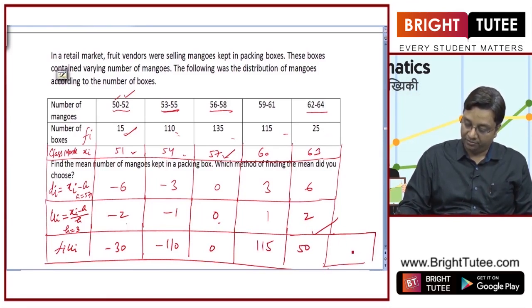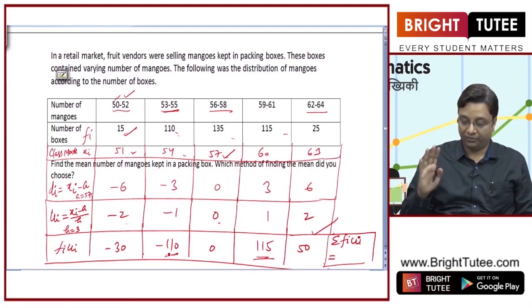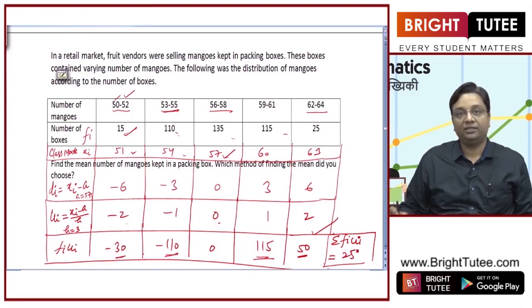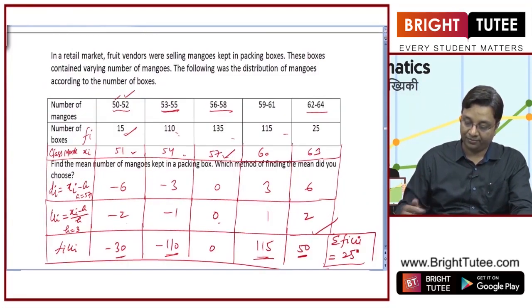Now, look at the sum sigma fi ui. Look at these numbers, 115 minus 110. So, 5 positive, 5 plus 50 is 55 positive, 55 minus 30 is 25. So, sigma fi ui is 25. This is how simple this calculation will become.